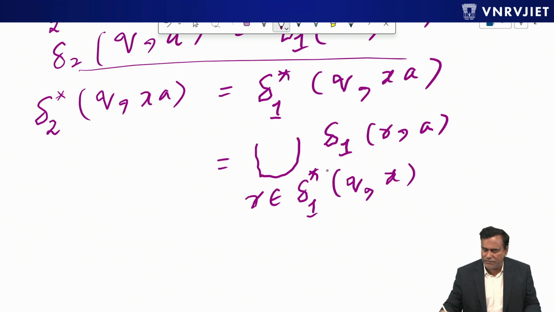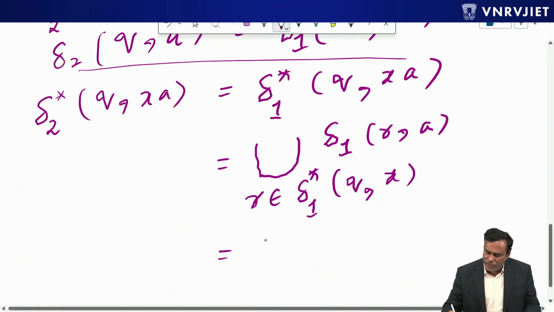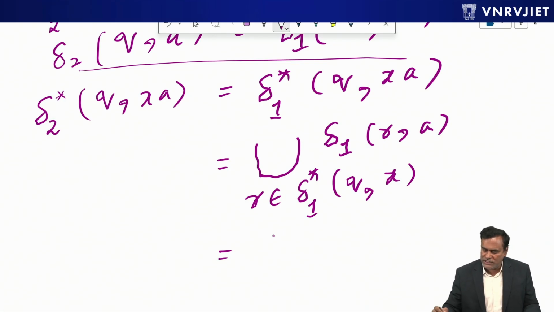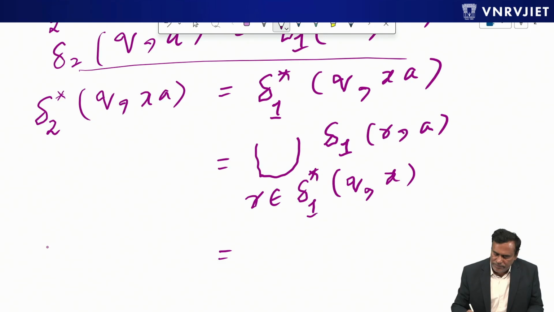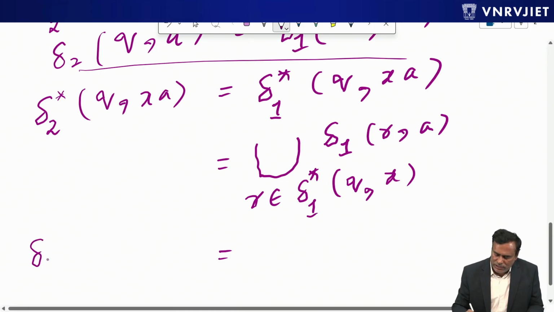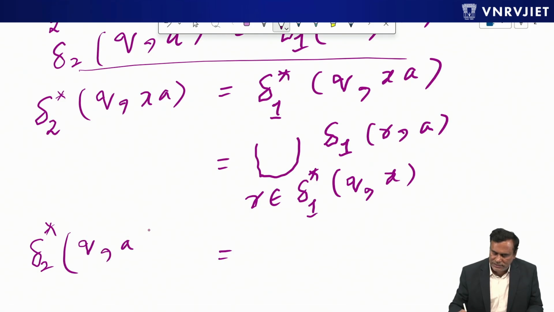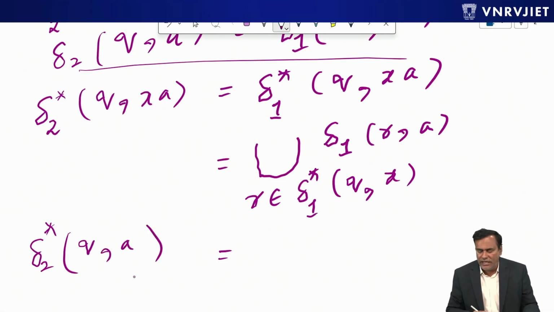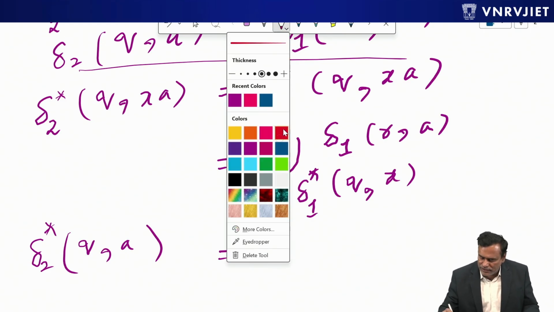That is an important observation you have to make. Suppose it is delta 2 star of Q, just A, in the sense that X is epsilon. Let me change this color. What happens?